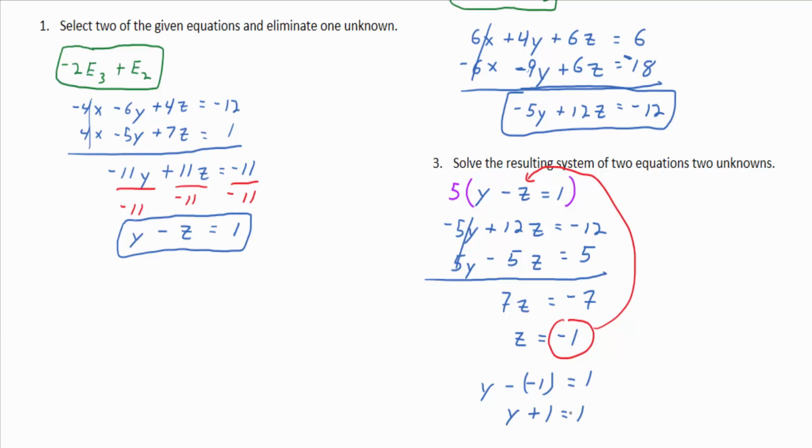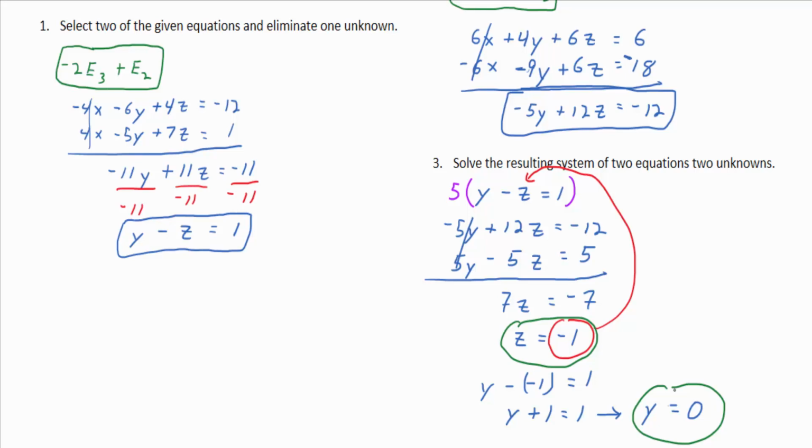Which means if you subtract 1 from both sides, you get y equals 0. So far we've got two of the three solutions. Z equals -1, y equals 0, and now we need x.